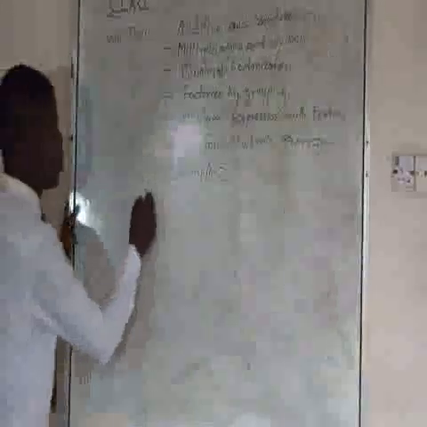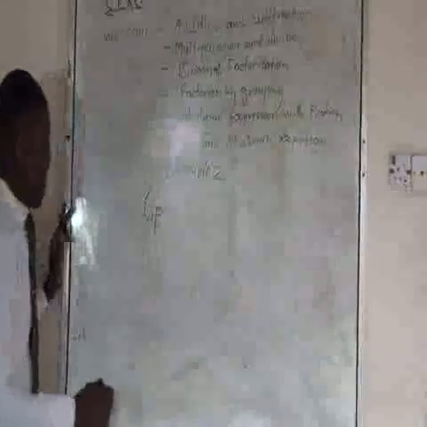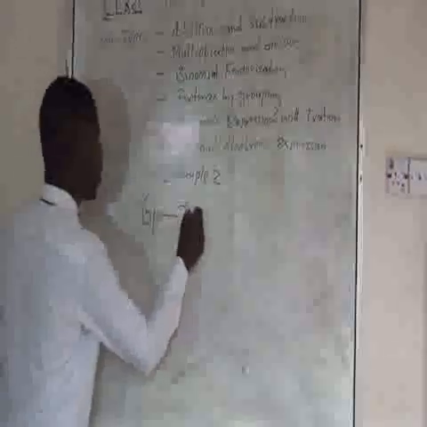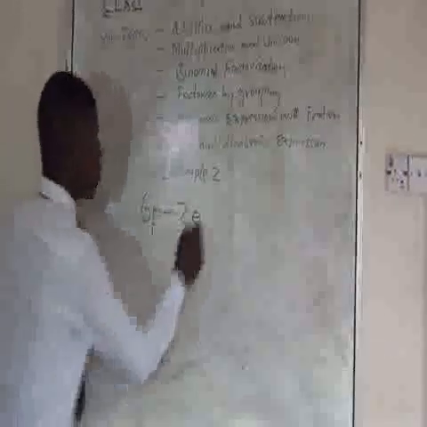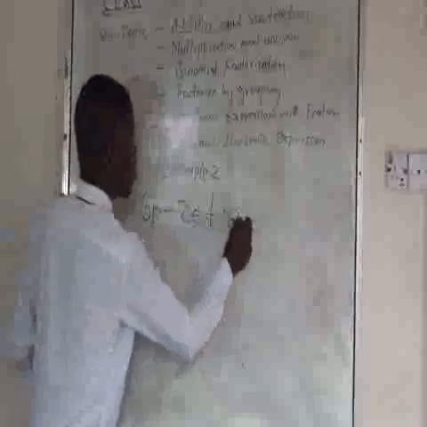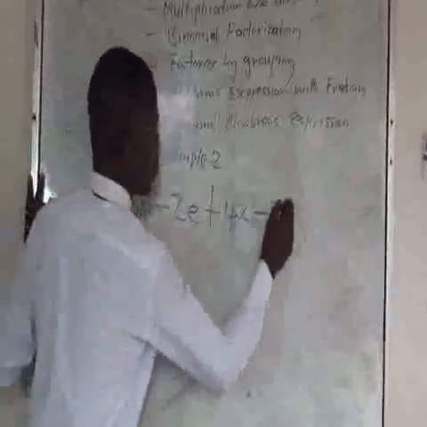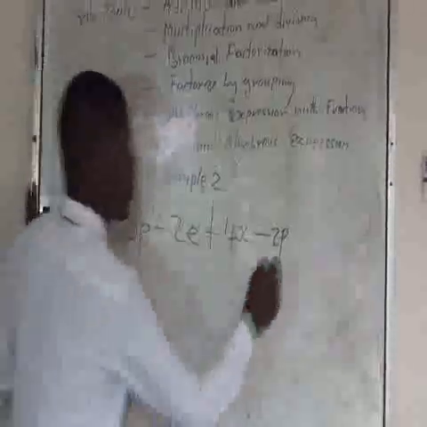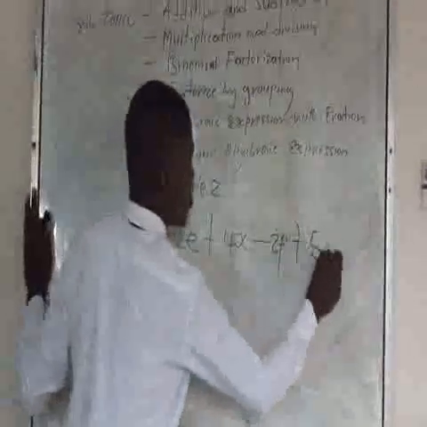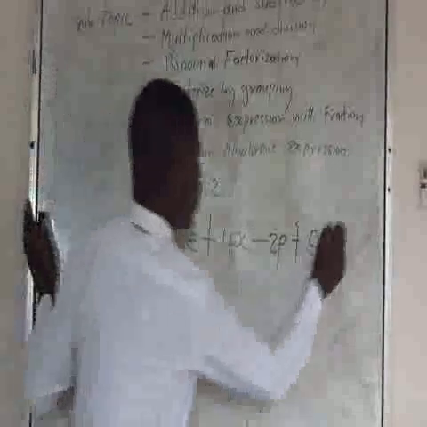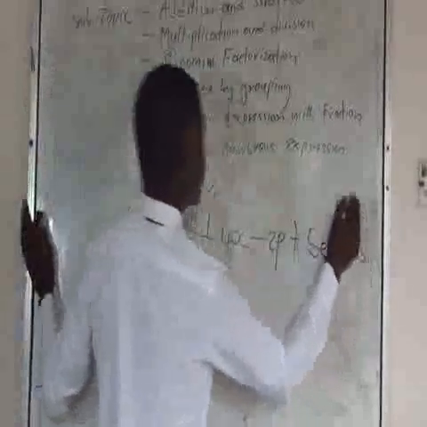That's 6p minus 2e plus 4x minus 2p plus 5e plus 3x.